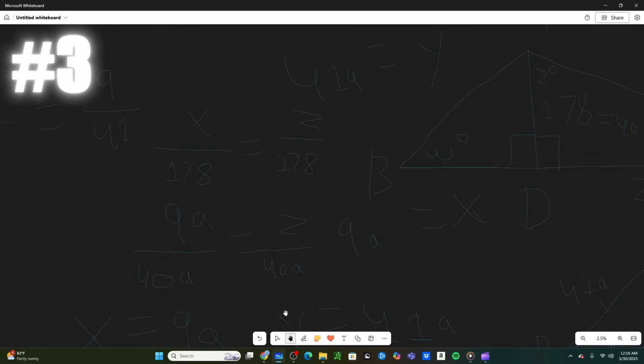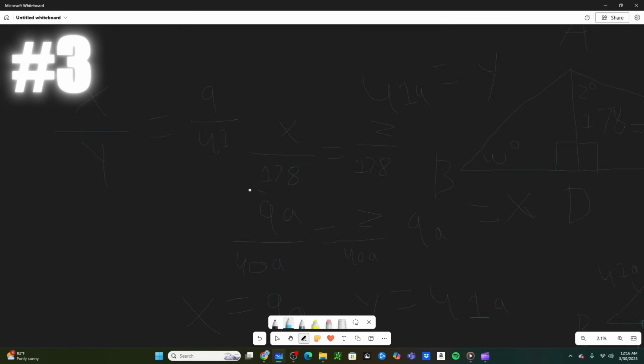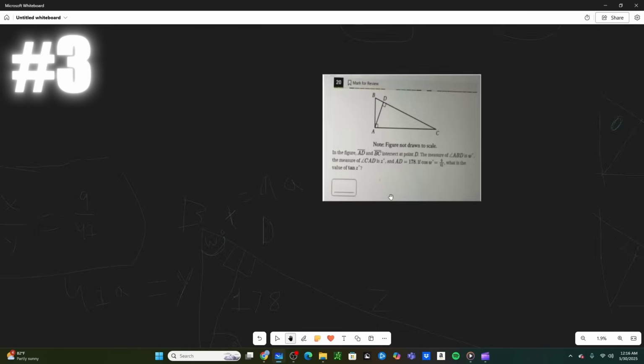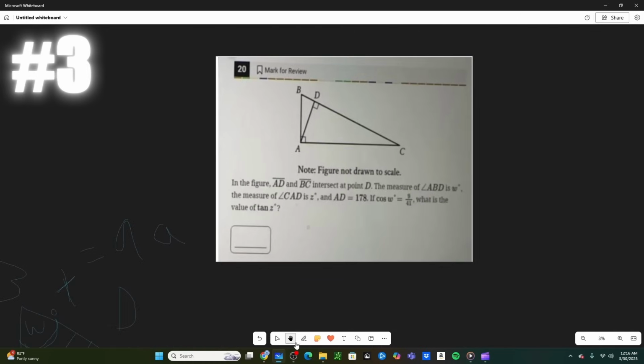And so that means that our actual answer is going to be 9a over 40a. Well, guess what? We don't know what a equals. That's fine because we can cancel them out and we get our final answer of 9 over 40, right? And so our answer to this, just by using multiple triangles and understanding similar triangles, is 9 over 40. And that's our answer to one of these questions from a past SAT.